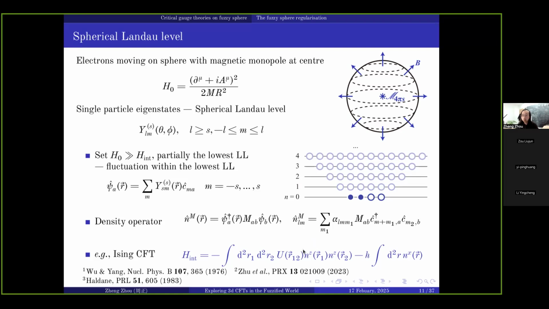The pseudopotentials actually don't quite distinguish the lowest Landau level from the higher Landau levels. Meaning they are the same or? So far we cannot answer this question quite well.